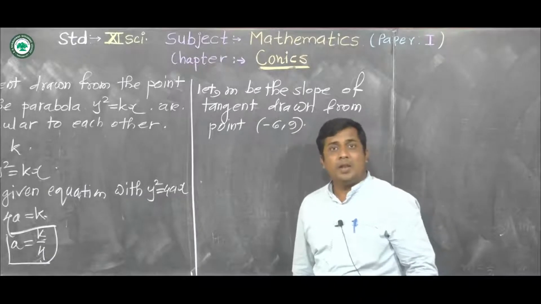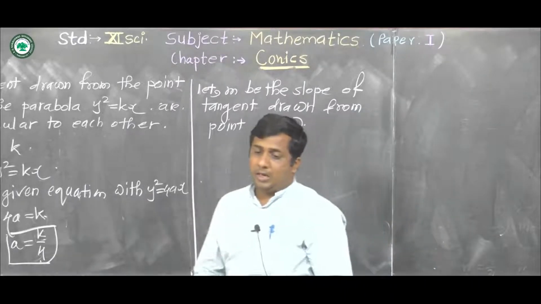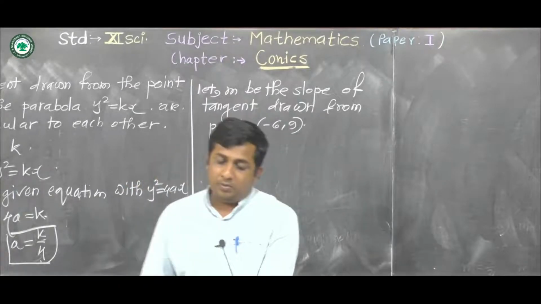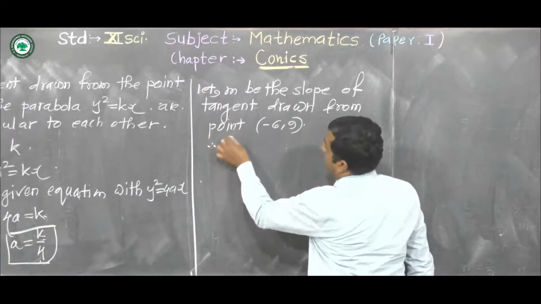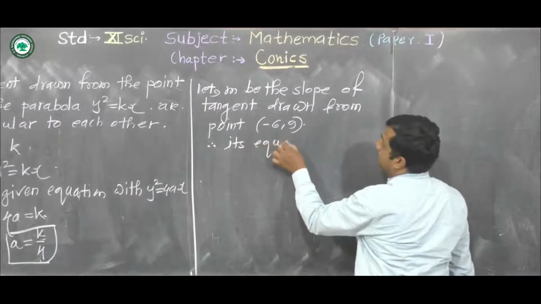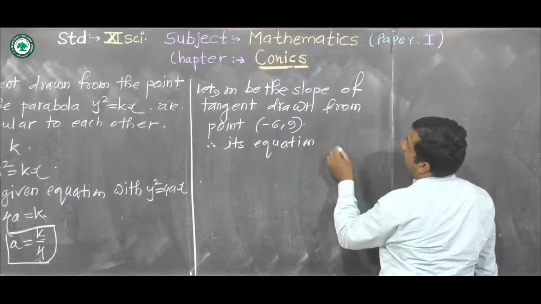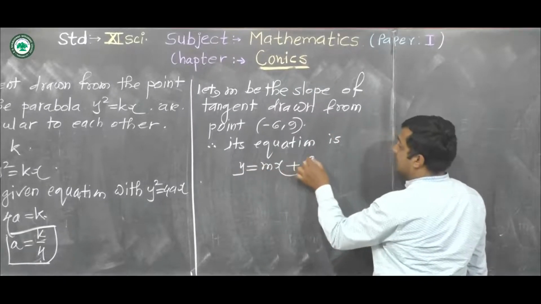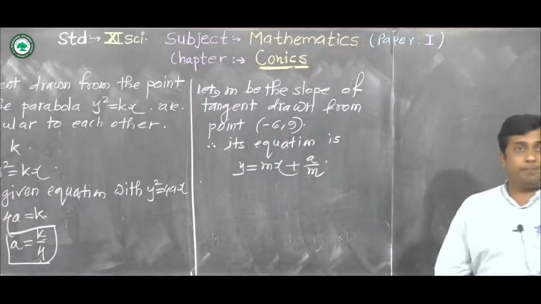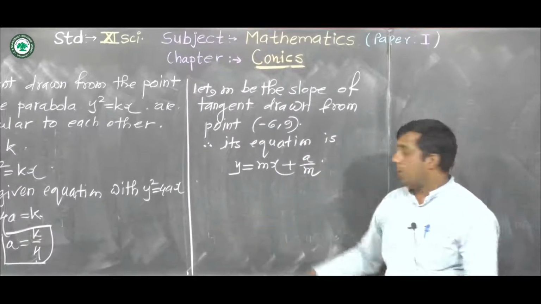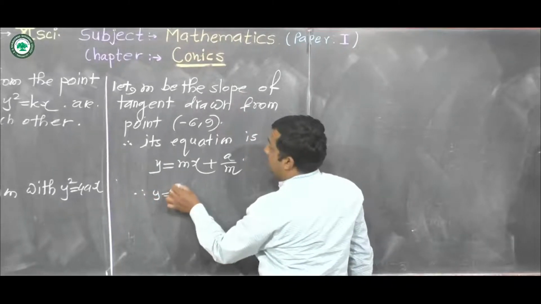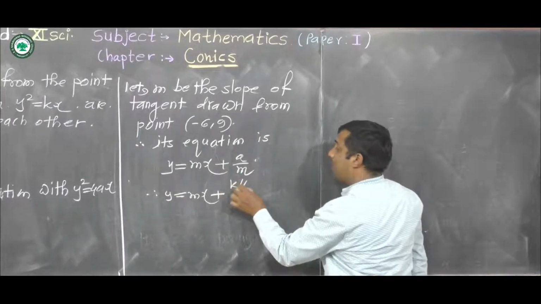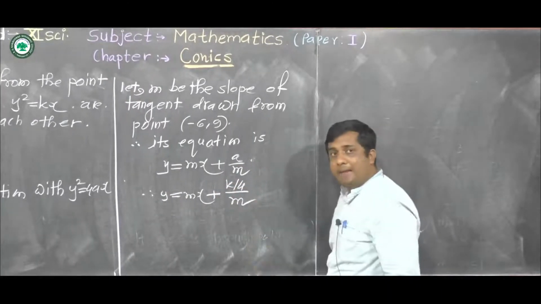Now we consider the equation of the tangent in terms of slope. Therefore its equation is y is equal to mx plus a by m. We know a is k by 4, so we replace a by k by 4. So y is equal to mx plus (k by 4) upon m.